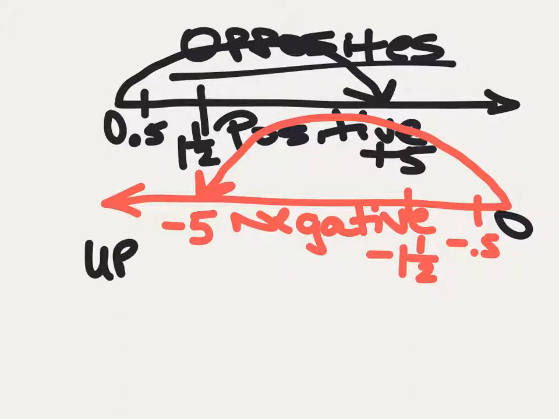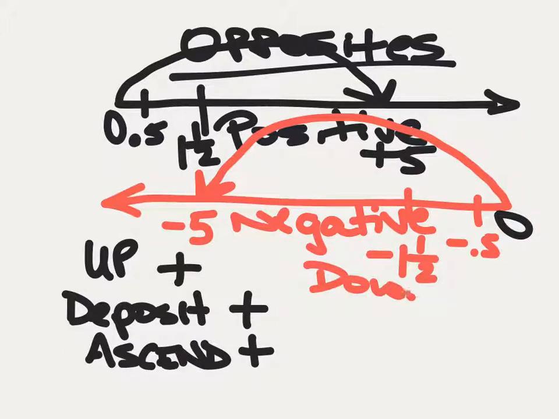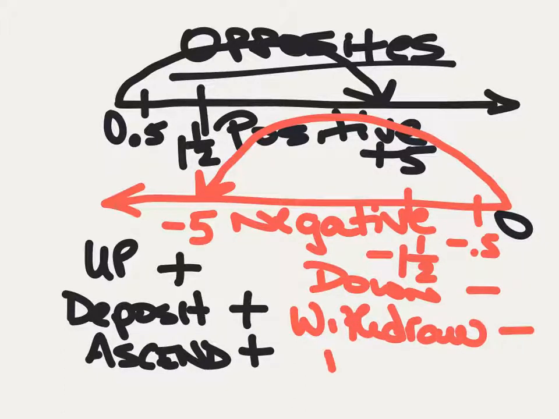So that we see up as positive, deposit as positive, ascend as positive, while their opposites, down, negative, withdraw, negative, descend as negative. We'll use our knowledge and awareness of interpreting words and phrases into positive and negative numbers to help us to solve problems.